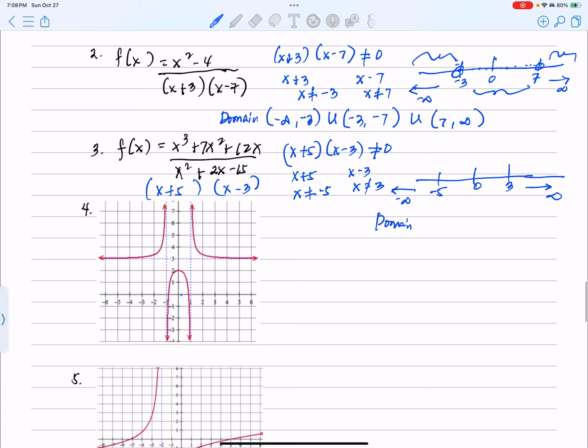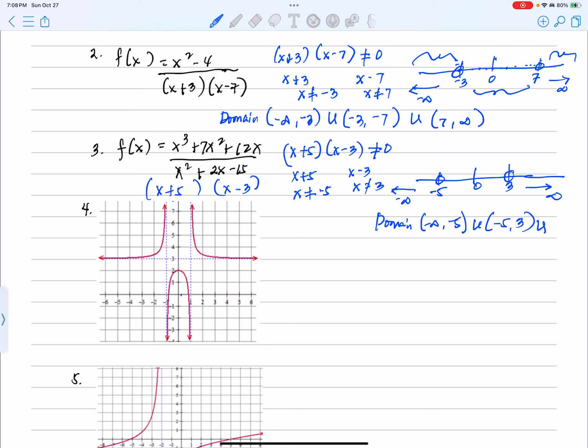The interval from negative infinity to negative 5, but negative 5 is excluded. And between negative 5 and 3, 3 also is not included.